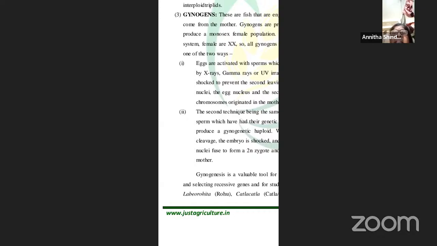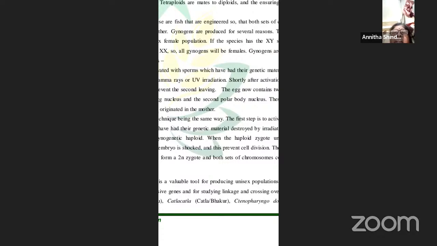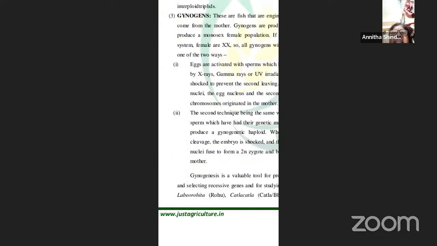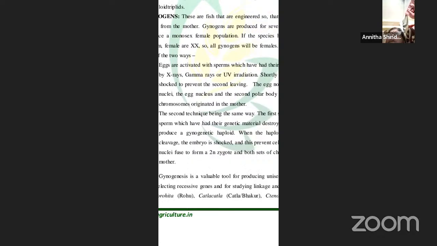When you combine them, fertilization takes place, but the egg will have only two haploid nuclei, the egg nucleus and the second polar body. So the chromosomes cannot come from the sperm. Whatever chromosomes are present in the egg will be there. No chromosomes will come from the sperm because the sperm is inactivated. That is why you can produce gynogens.